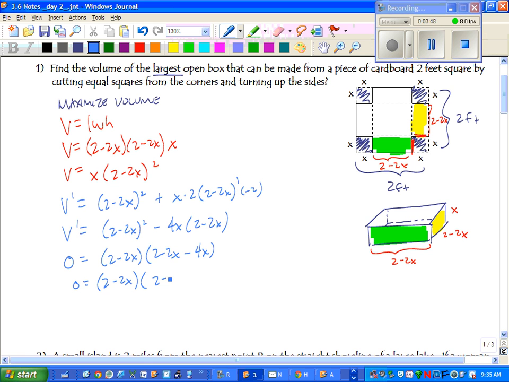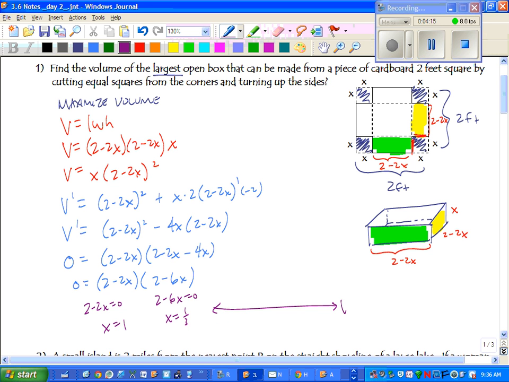So we can combine like terms here, we get 2 minus 6x on the inside. We want to know when these are 0. So here we get 2 minus 2x equals 0. Subtract 2, and then divide by negative 2, we get x equals 1. If 2 minus 6x equals 0, subtract 2 divided by negative 6, x equals 1/3.